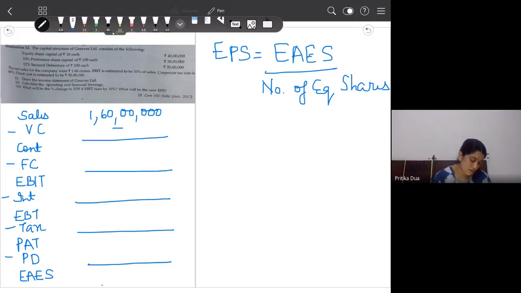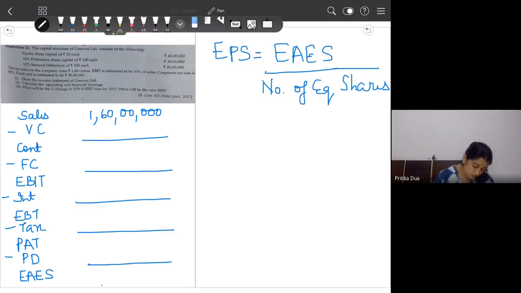Since you are not given the variable cost, you can take the contribution at the same amount. Then no, you cannot take the contribution because there will be some variable cost. So I am leaving the value of contribution for the time being.